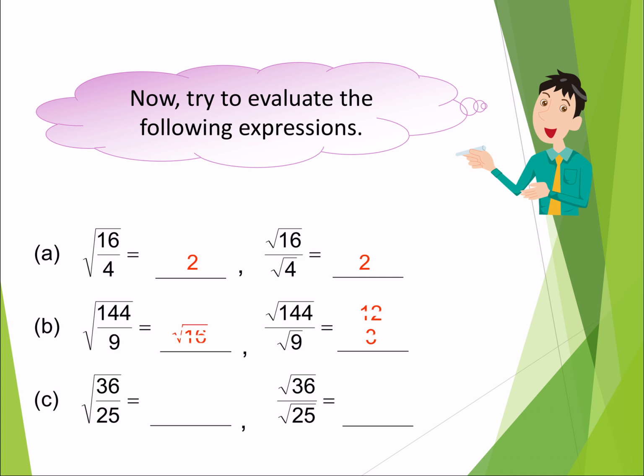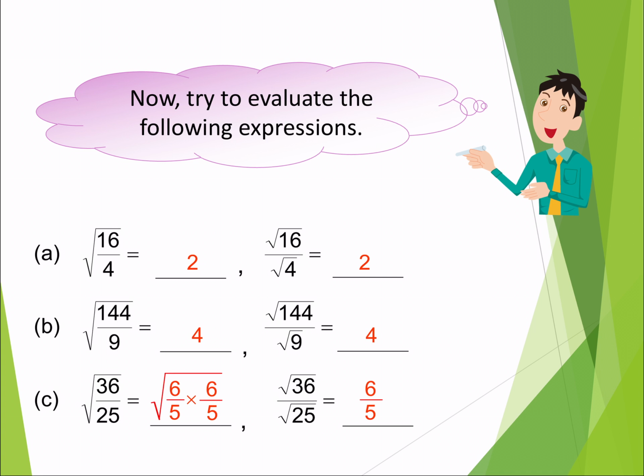Okay, one more example for part B. 144 divided by 9 is 16. Okay, and then the right-hand side, the square roots are 12 divided by 3. So this time they both equal 4.